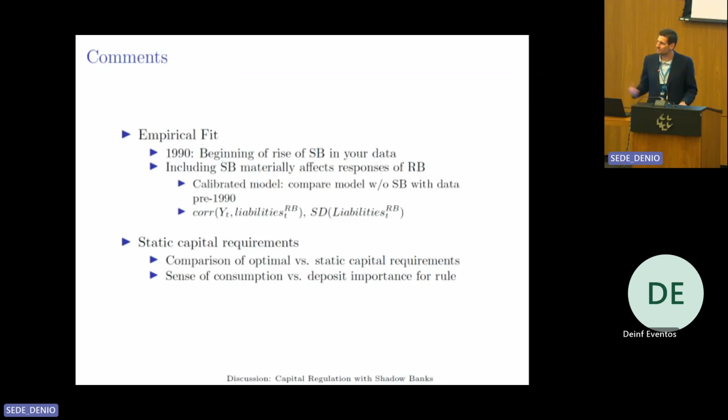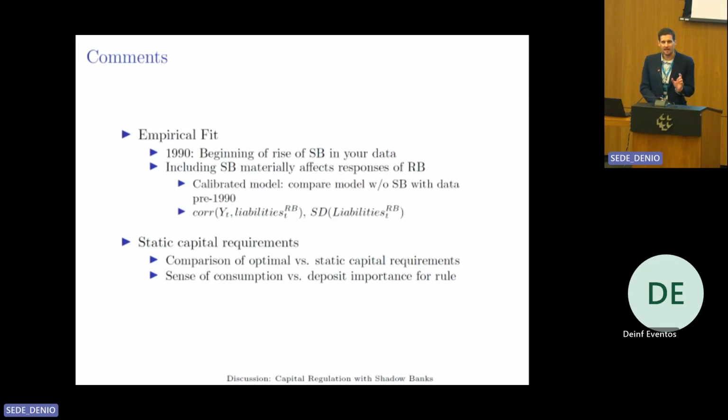In the paper you mentioned that for these shadow banks, it's really 1990 where this starts. So to show that this model is bona fide in explaining the data, maybe go back to the flow of funds data and look pre-1990, when there are not as many shadow banks.